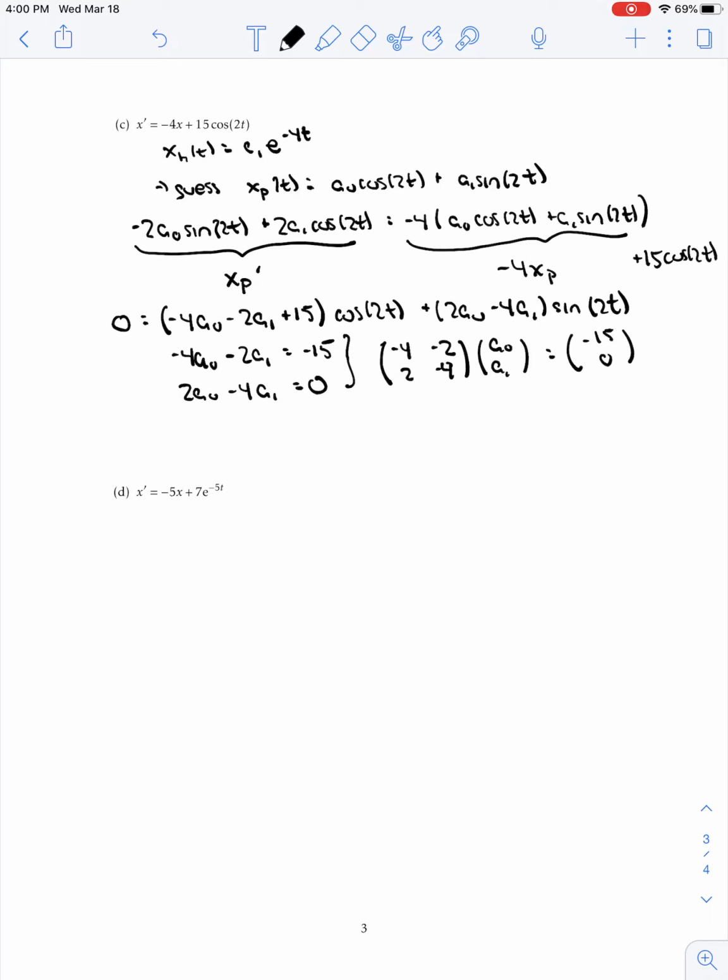Take the inverse of the matrix, determinant's 20. So we get a naught, a1 is equal to the inverse of that matrix. Determinant is 20, so it's 1 over 20. Switch the diagonals, which does nothing, because they're both the same entry. Negative of the off diagonals, times the vector minus 15 and 0. And we get then this is equal to the vector 3 and 3 halves, if I've done this correctly.